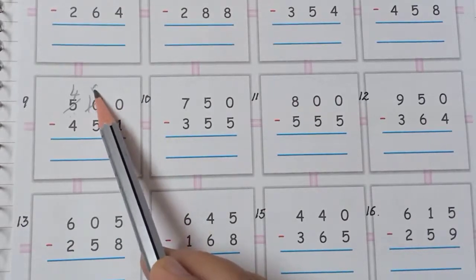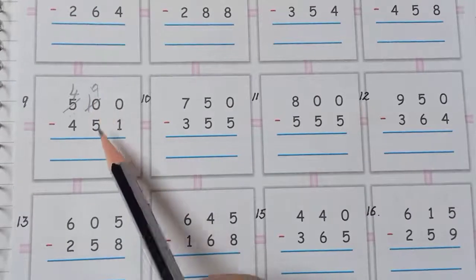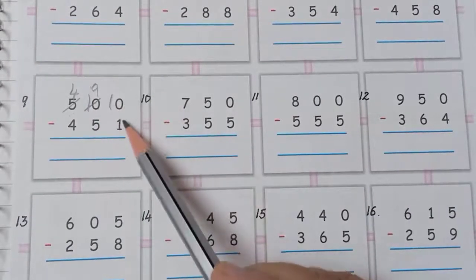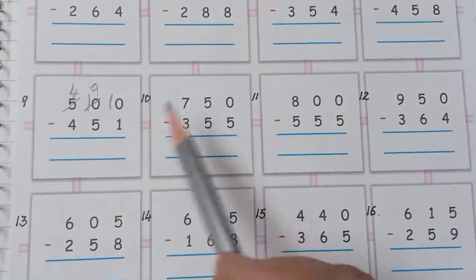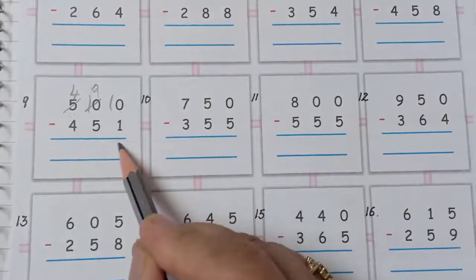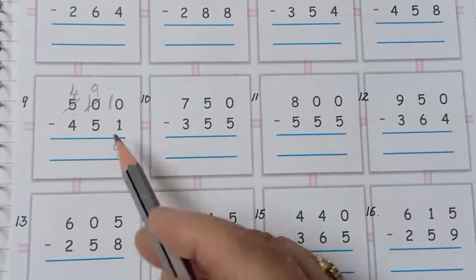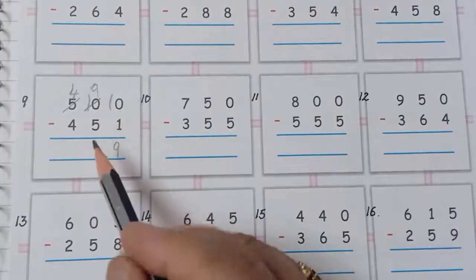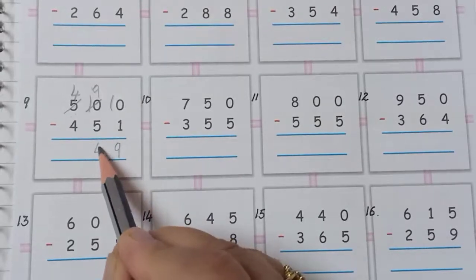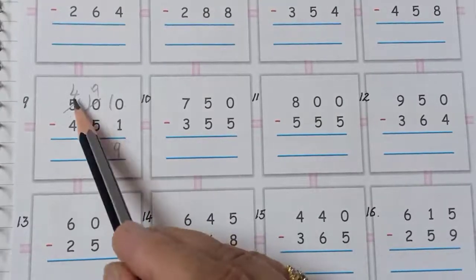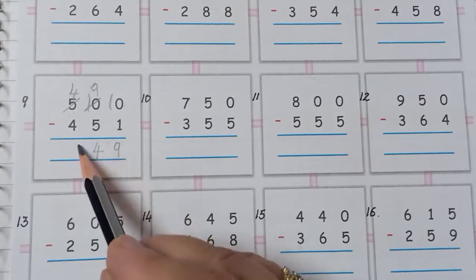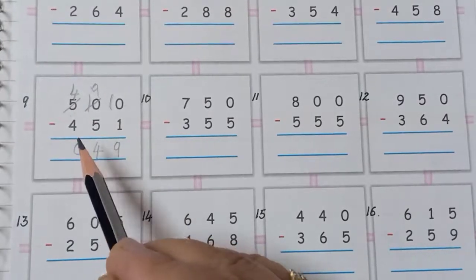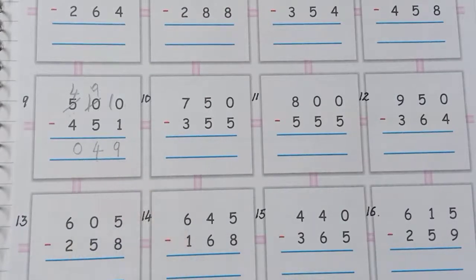We'll write 9 tens and 1 ten we have taken here. So it has become 10. 10 minus 1 is 9. Now 9 tens minus 5 tens is 4. 9 minus 5, 4. 4 minus 4 is 0. So the answer is 49.